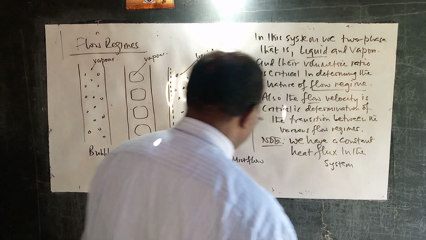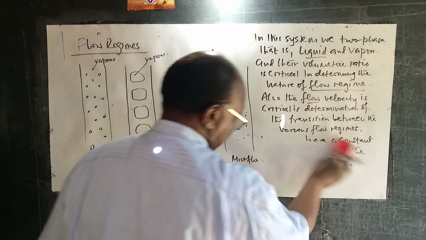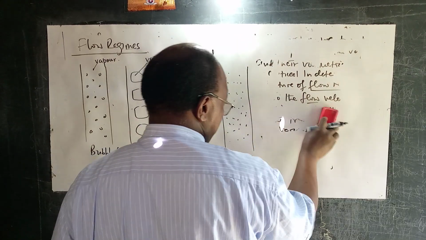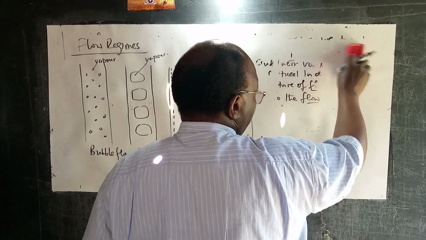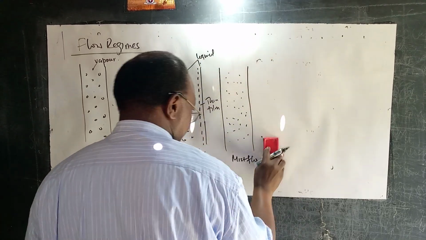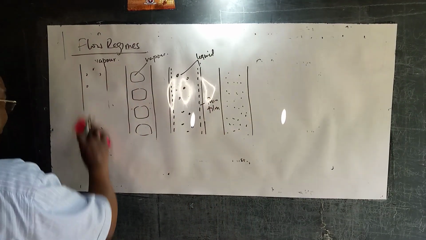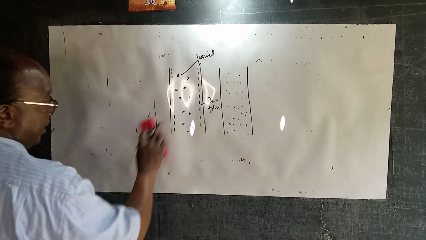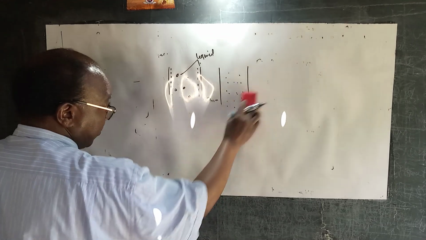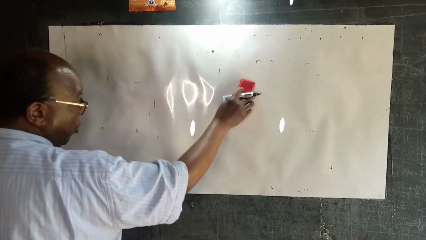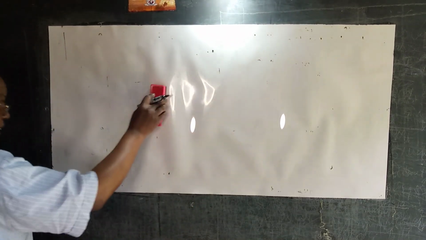Now, let us look at what would be a practical case. Now that we have an idea about the flow regimes and what affects them, let's look at a real situation and draw a system and try to describe what will happen in practice.